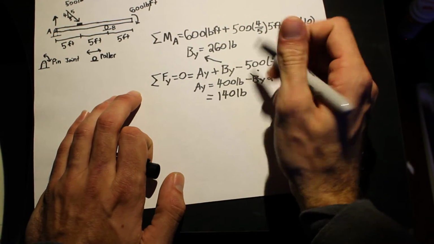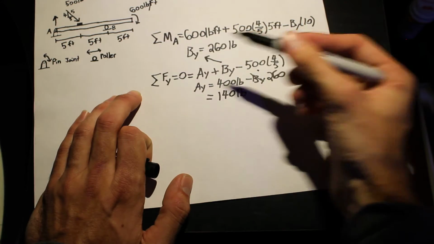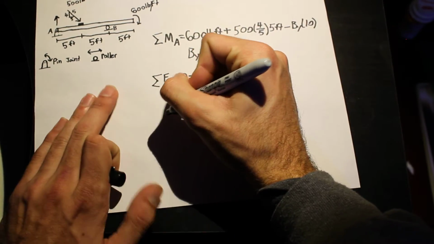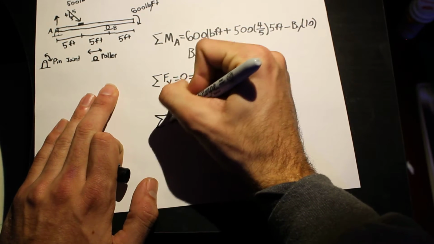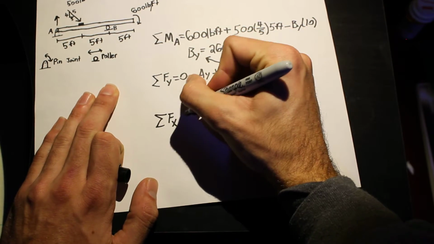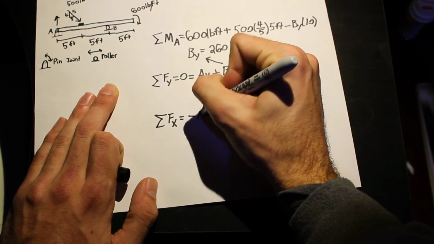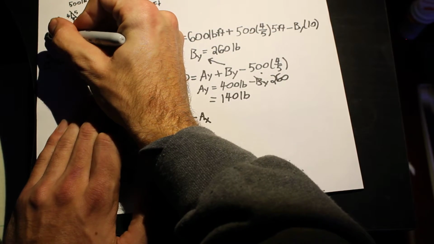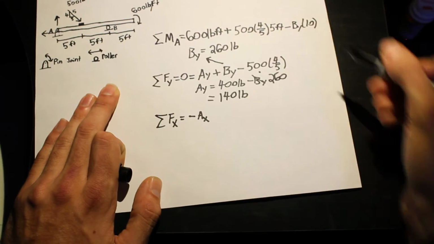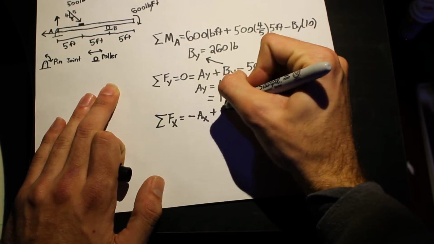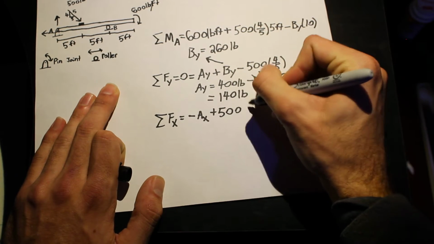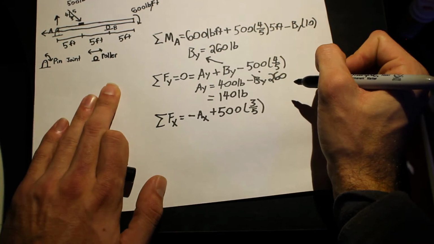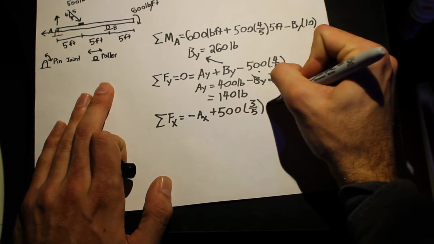In the last part of our equation, to find Ax, we're going to find the forces in the x direction. So we have negative Ax right here, going this way, plus the 500, and this time it's going to be multiplied by 3/5, since we're finding it in the x direction, and that is equal to 0.